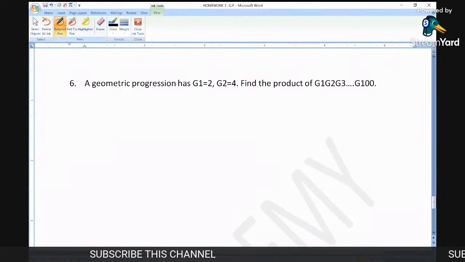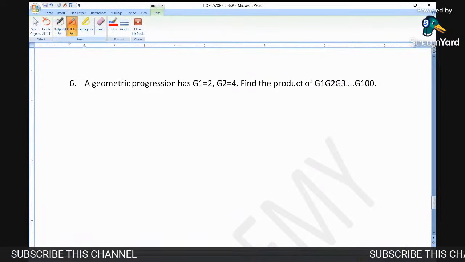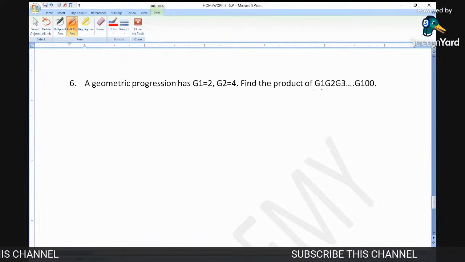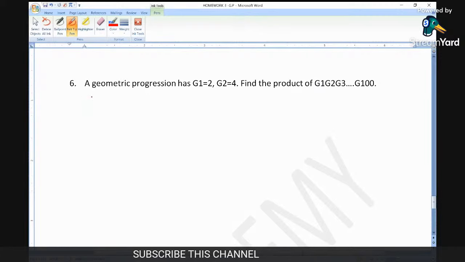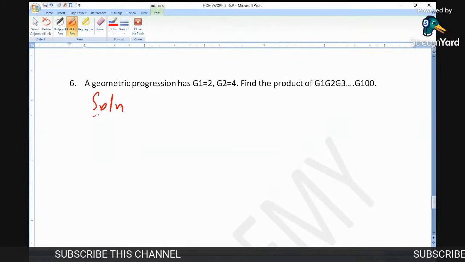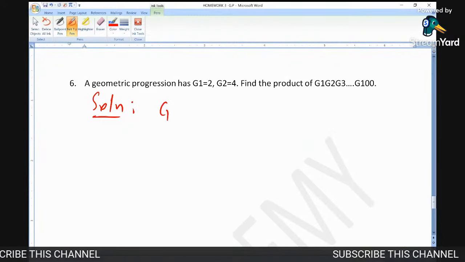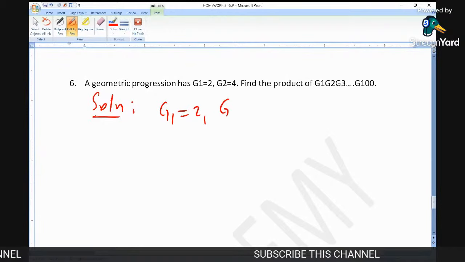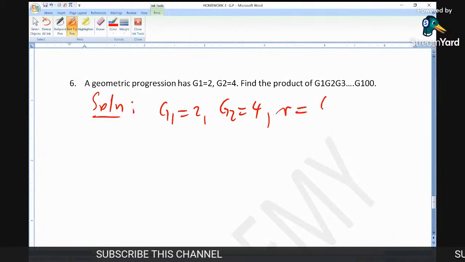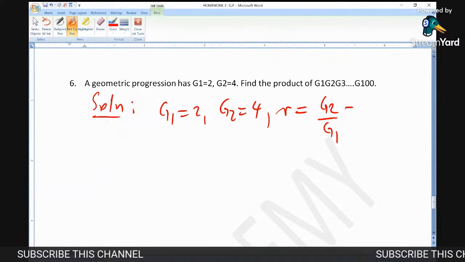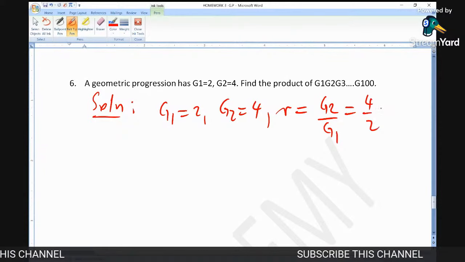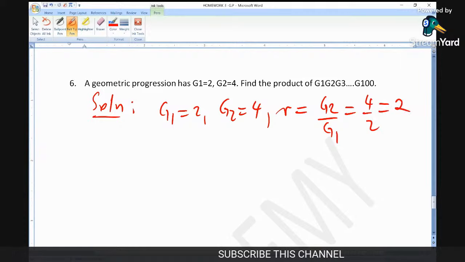So the next question, we are supposed to find the product of G1, G2, G3 up to G100. Solution: we were given G1 equals 2, G2 equals 4, meaning that the common ratio is G2 over G1 equals 4 over 2 equals 2.